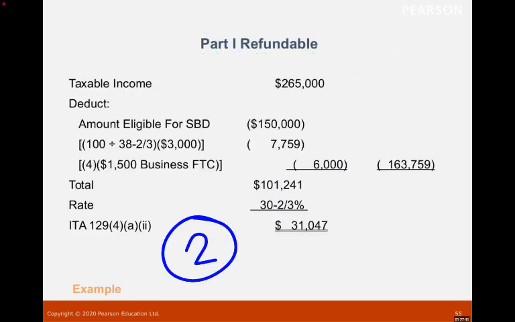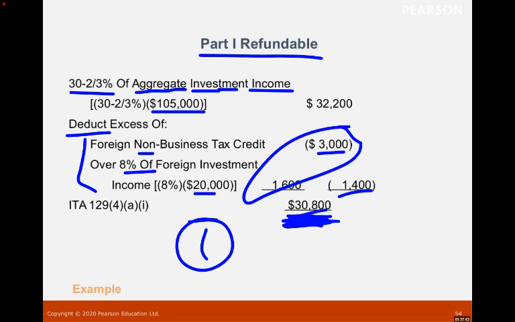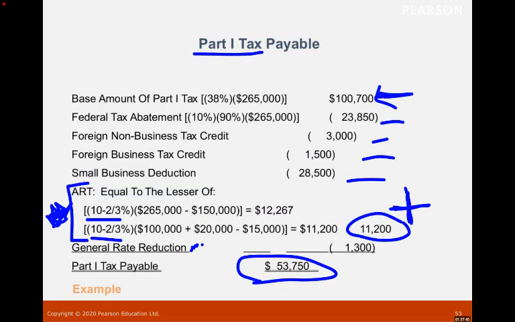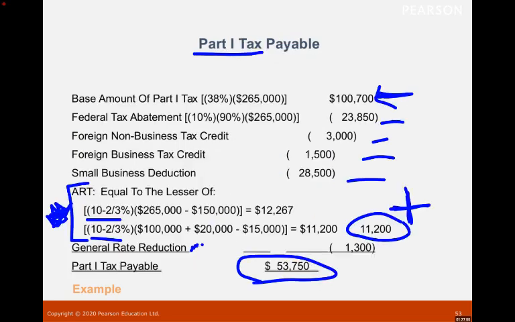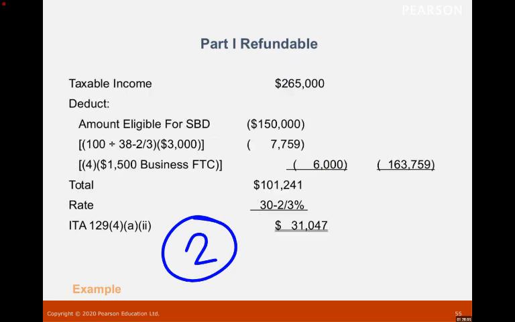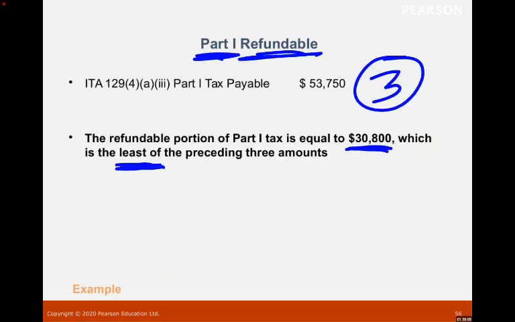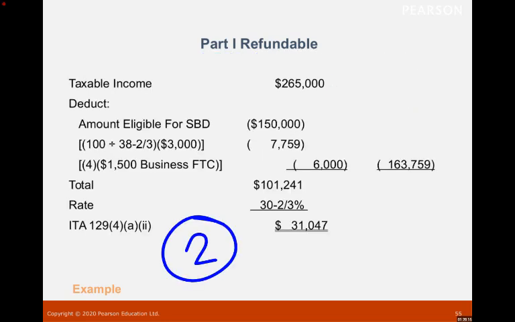I forget what the number was here. Oops, yeah, Part 1 refundable. The ART was 11,200, I think. Yeah, because it was the lesser of the two, 11,200. We had to do these three slides.